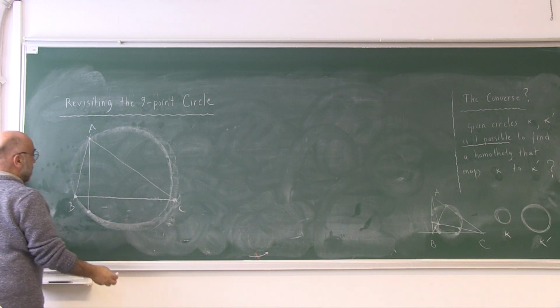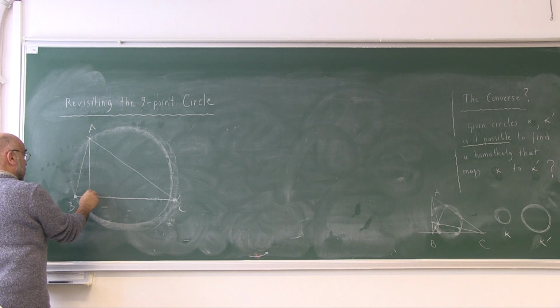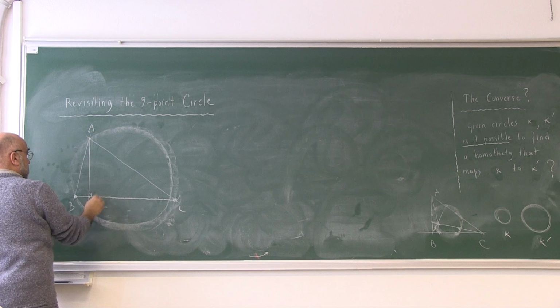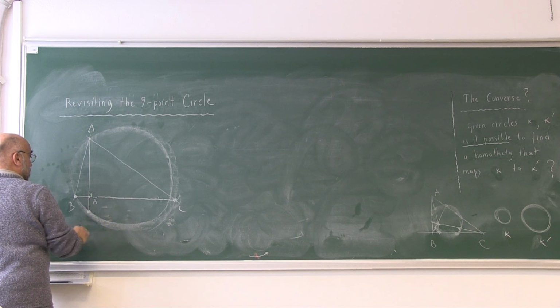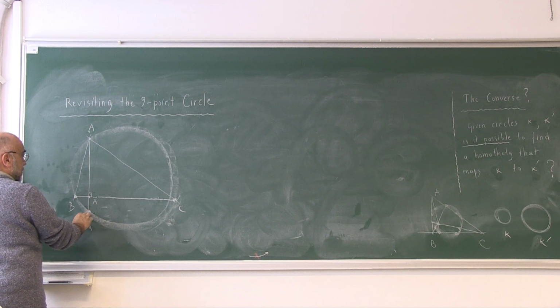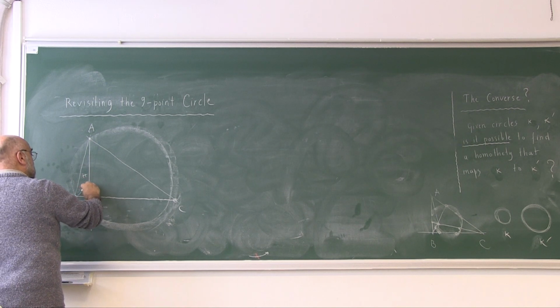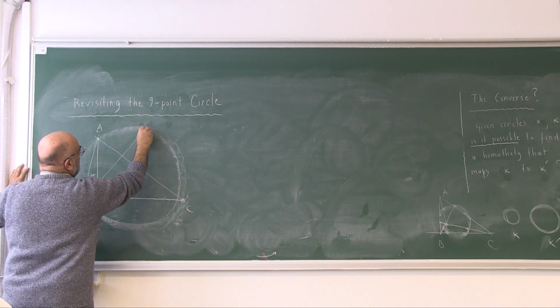Okay, here's the triangle. So the feet of the altitudes, the one opposite A is A tilde. And let's call this point HA. And I know that the reflection of HA in BC is the orthocenter, in which the 3 altitudes intersect.